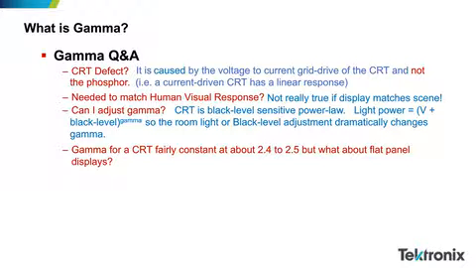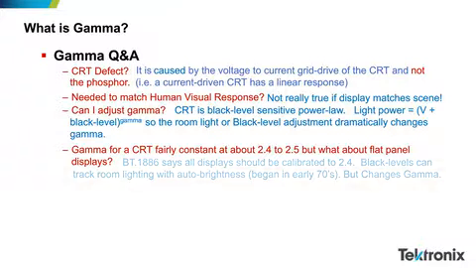Well, since flat panels are going to get the same data that is being presented to a CRT, and you really don't know from the transmission side of the house whether it's going to go to a CRT or a flat panel, the BT.1886 standard came up and said that all flat panels must be calibrated to a 2.4 gamma so that the light level is exactly the same as what the acquisition was, and it will look correct.